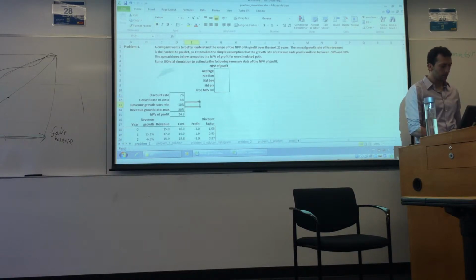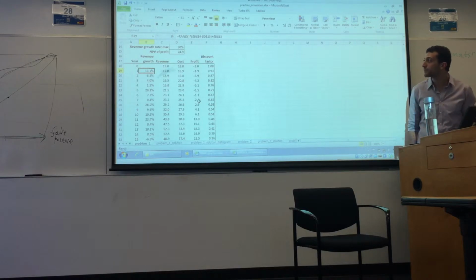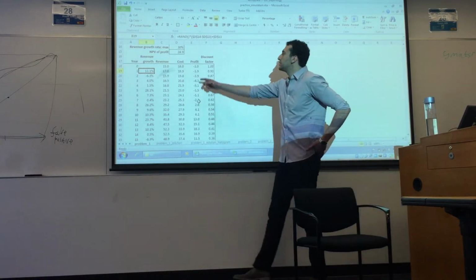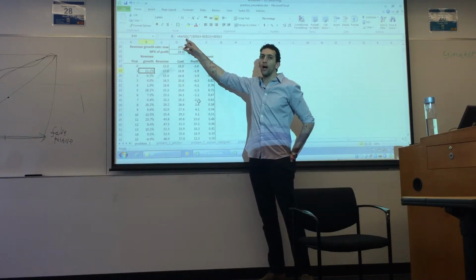Okay, so this is the problem. As you can see, if we want to understand this table, go to the revenue growth, and you will see that they use RAND. It gives a number between 0 and 1.